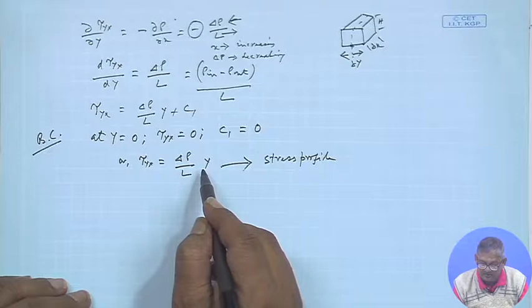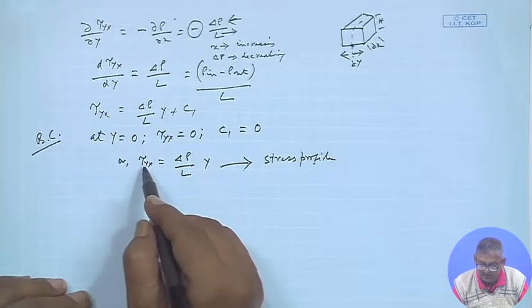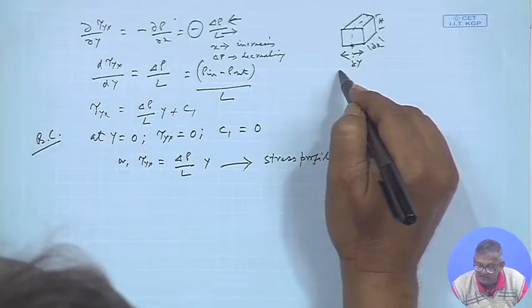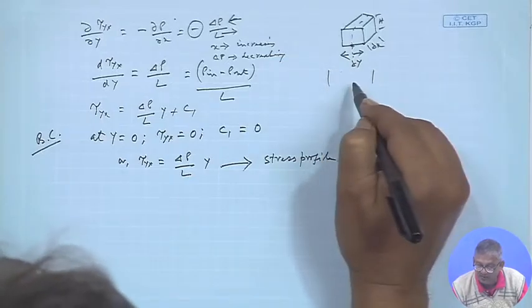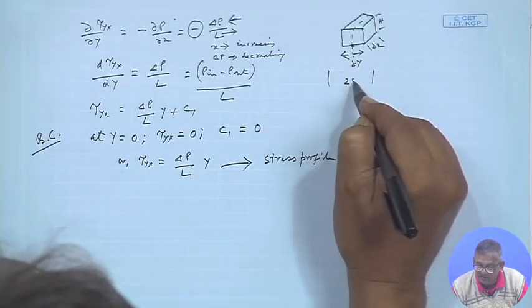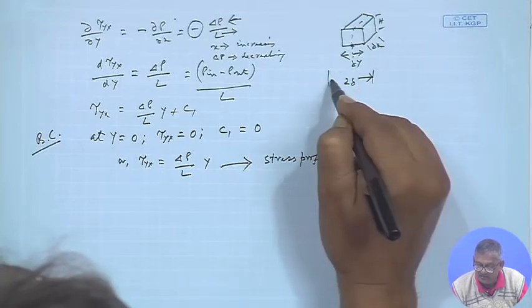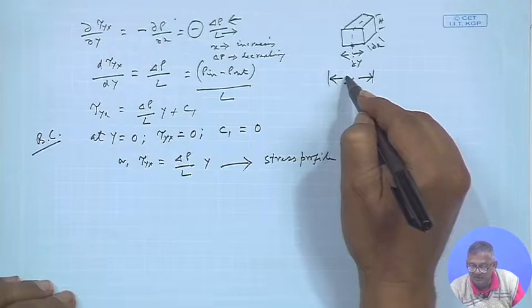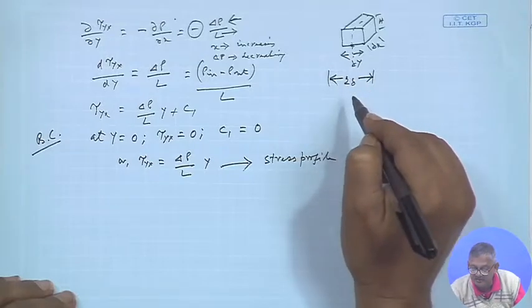When y is minus del, tau y x will have the corresponding minus value, because the bigger one is 2 del, that is the thickness or width, where the axis is at the center.